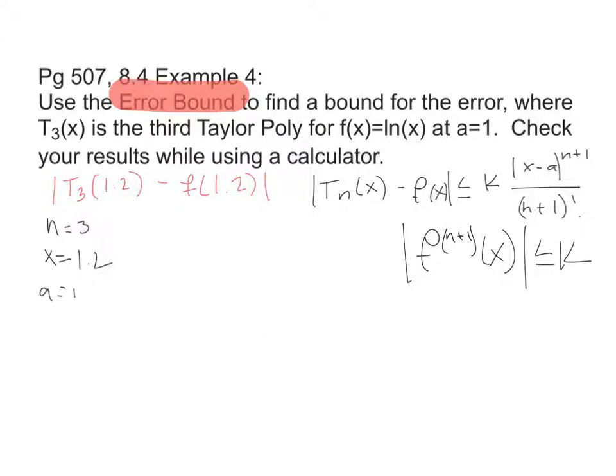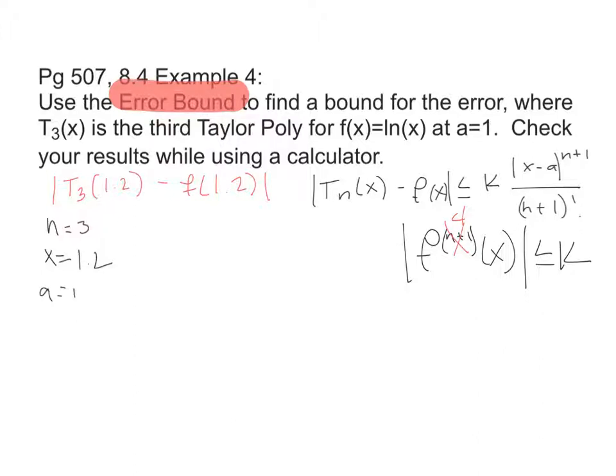Now in this case, I know that n is 3, so I can change n plus 1 to 4. So I need the fourth derivative here. For the Taylor polynomial I'm going to need through the third, and for this error bound I'm going to need the fourth.